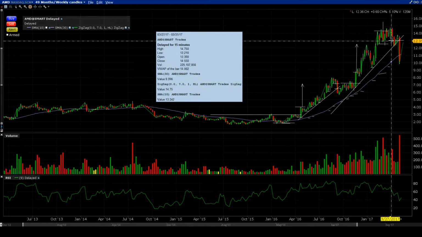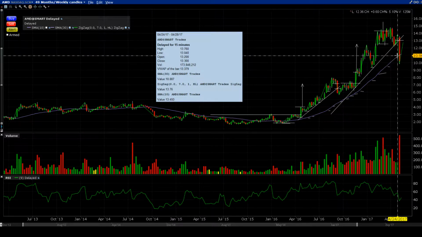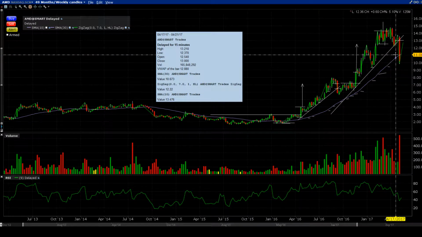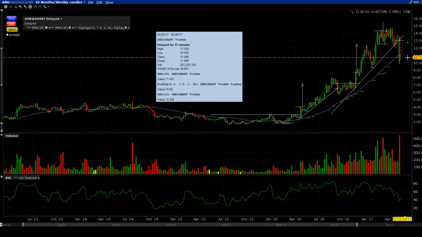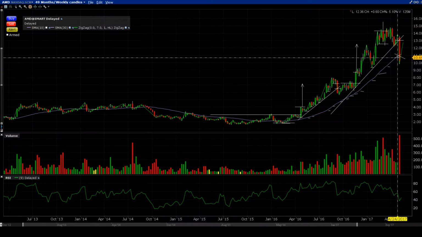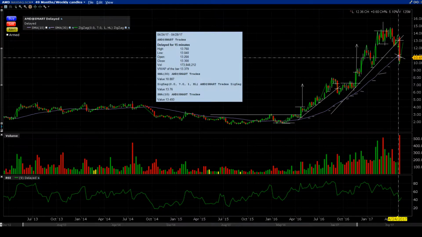In either case, after that next candle, violation of the 30-week moving average. And it's starting to flatten out. We had sideways action for a while. I believe the investor here, I would have bailed.